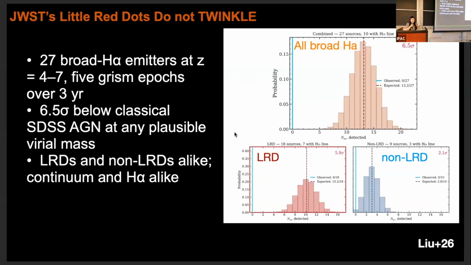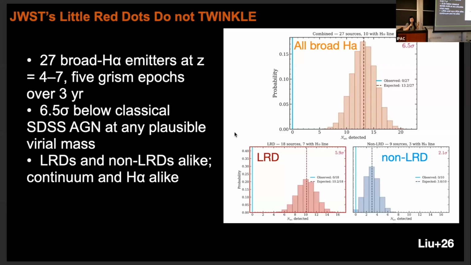So we observed 27 broad H-alpha emitters at redshift 4 to 7 with their photometry and also grism spectroscopy, and we observed 0 of them showing any detectable variability. If you compare this with the simulation that is drawn from the real SDSS light curves from the local universe, where most of the variability calibration is based on, you would expect certain sources showing detectable variability if they indeed act like the SDSS AGN.